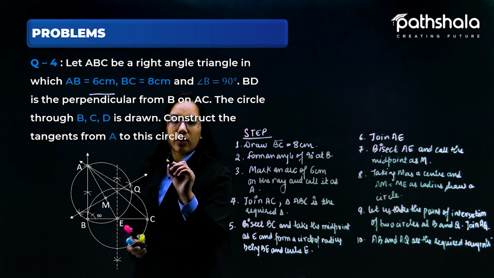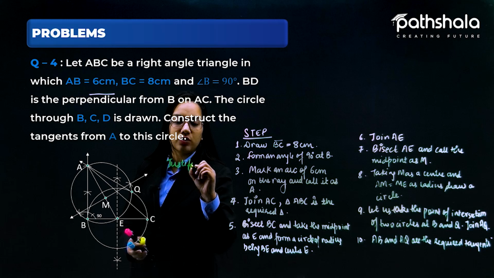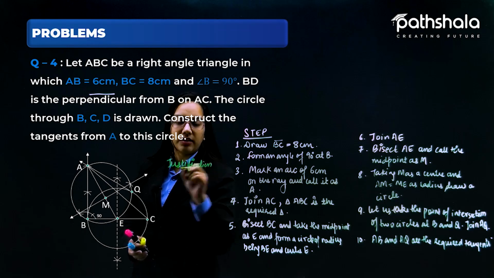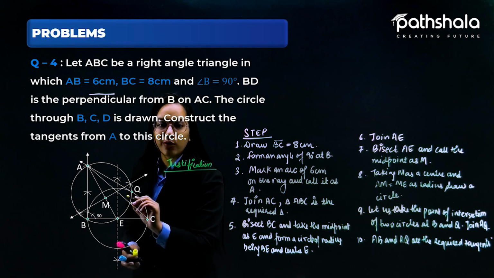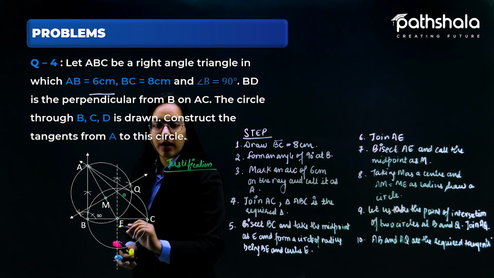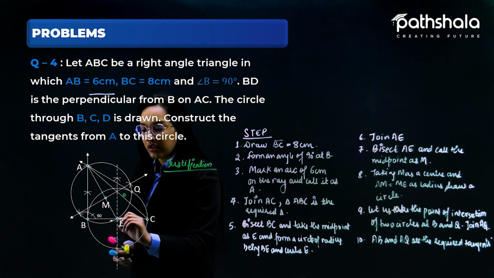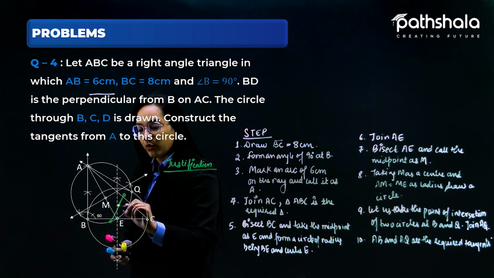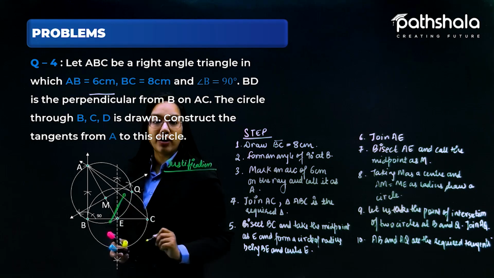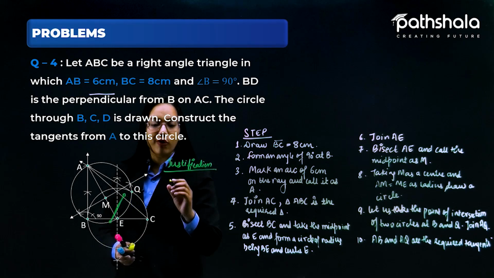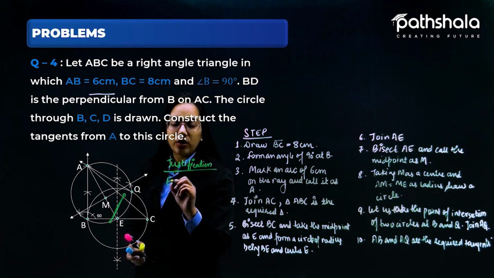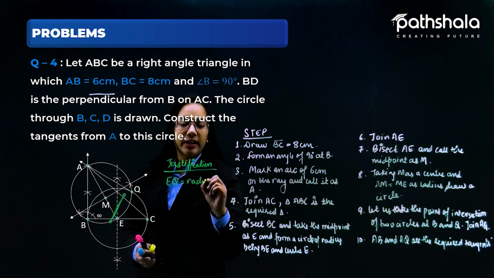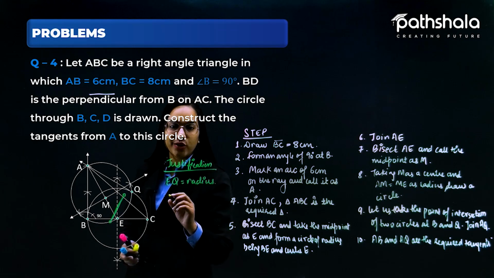Let us talk about the justification, how this can be a tangent. First of all, let us do a particular construction over here: this is my B and this is my E, and I join both of these points. So first of all we know that EQ is the radius of the circle.